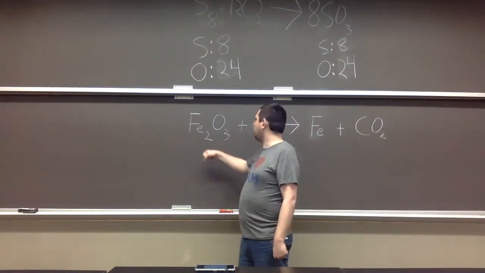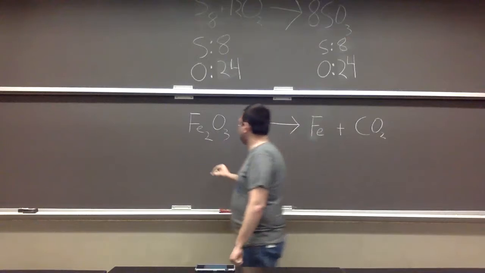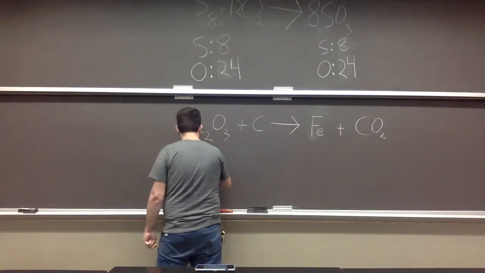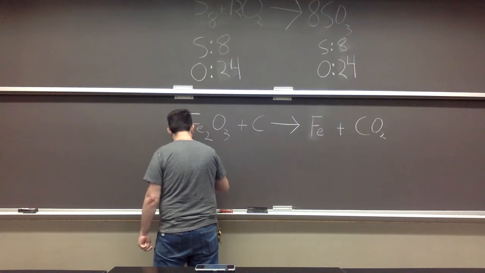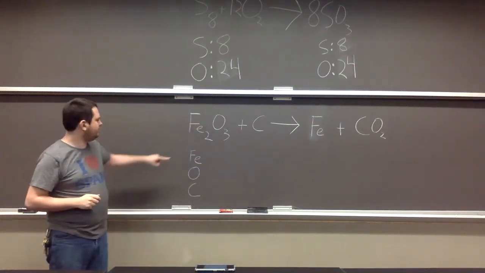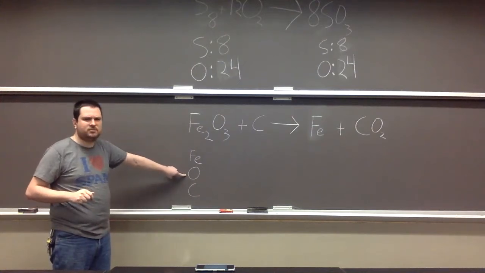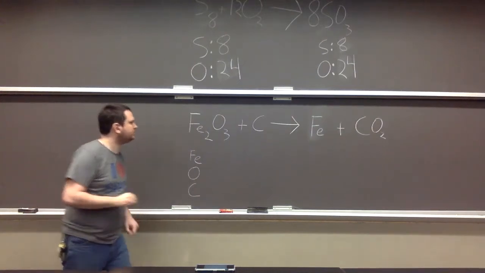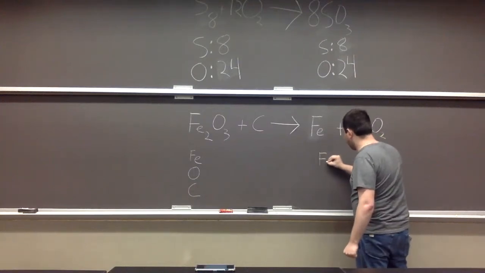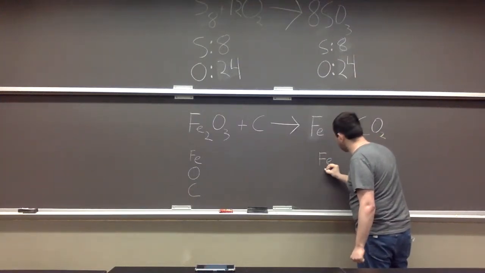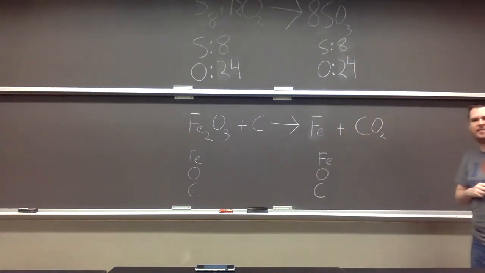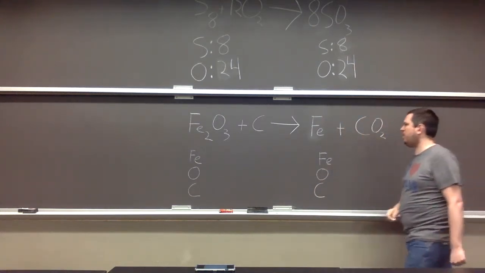So our first step, as always, write out the equation and then figure out what elements we have. We have 3 different elements now. Iron, oxygen, and carbon. Luckily, as we should, we have the same 3 elements on this side as well.